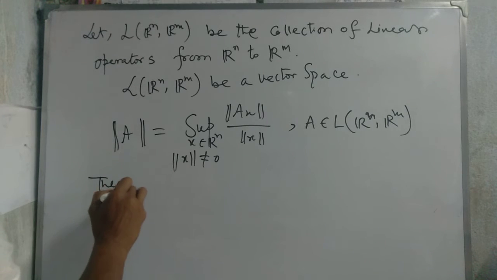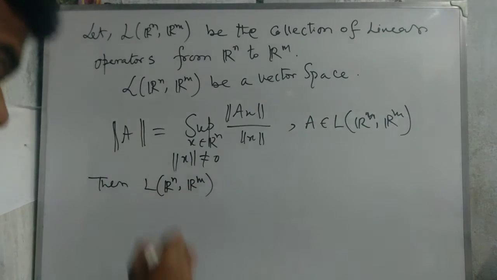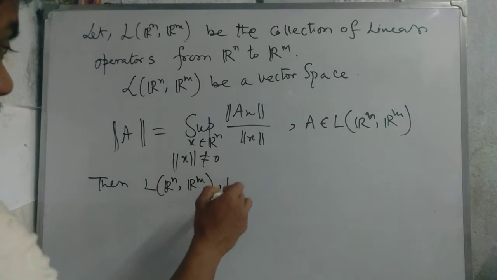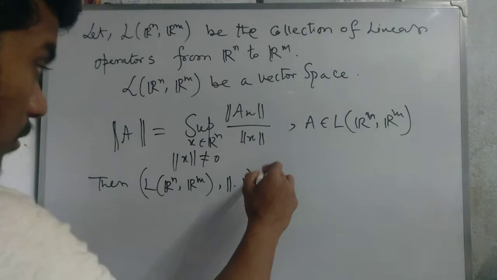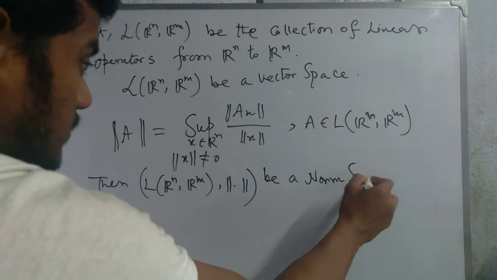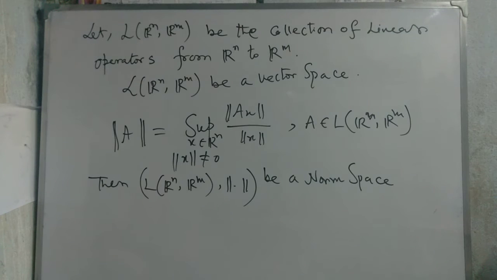Then obviously L(Rn, Rm) with this norm is a normed space, and obviously it is complete.